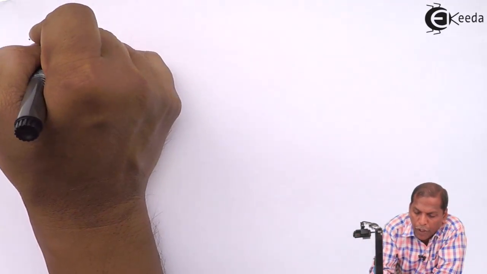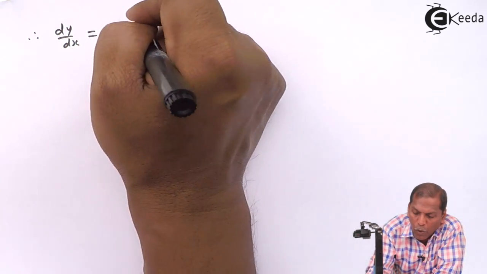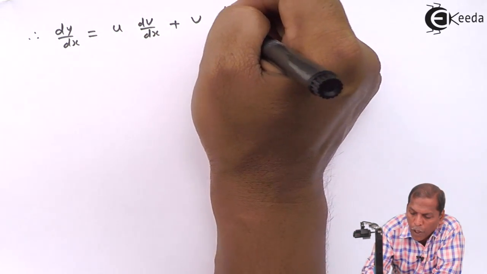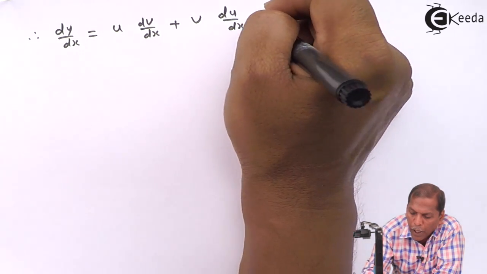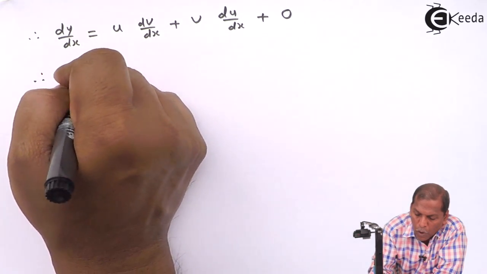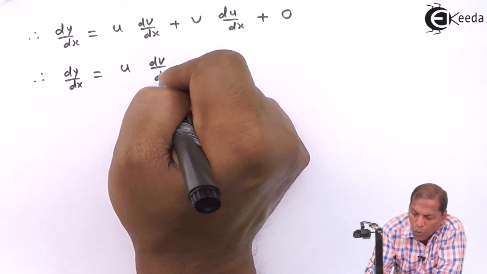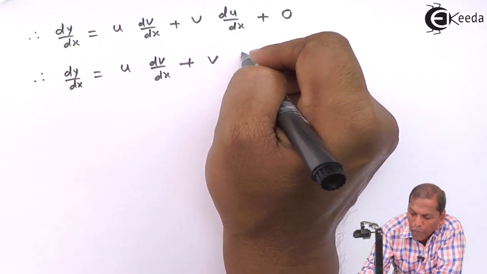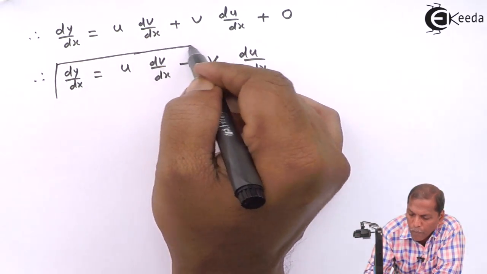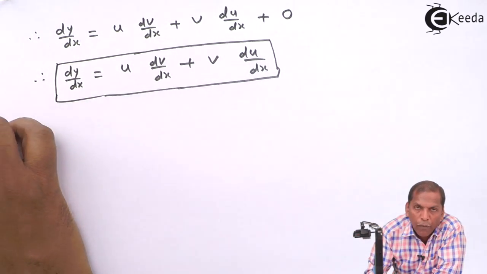So the next step will be dy upon dx is equal to u into dv by dx plus v into du by dx plus 0. So therefore dy by dx is equal to u into dv by dx plus v into du by dx. So this is the required proof for the given theorem.